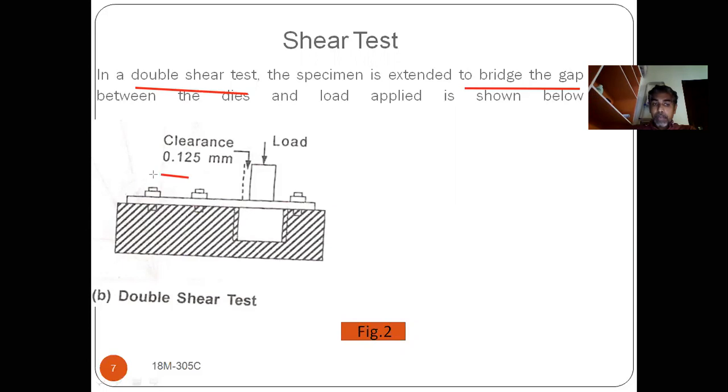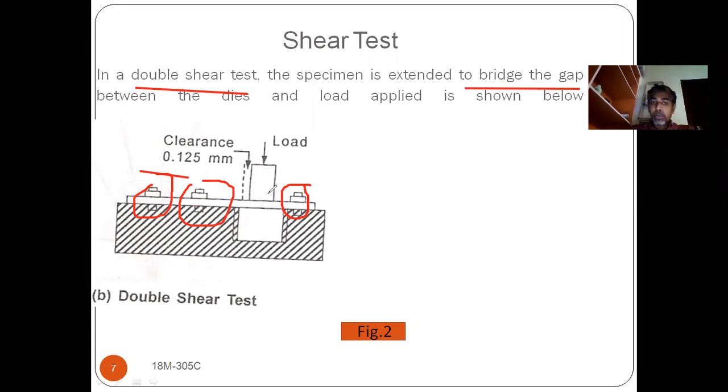Here you have two clamps: this is one clamp, and this is one more clamp. So on this side you have two clamps, and on this side you have one clamp, and in between you have a portion where you are applying the load by using a die. This is your die portion, and the gap is filled by your specimen.